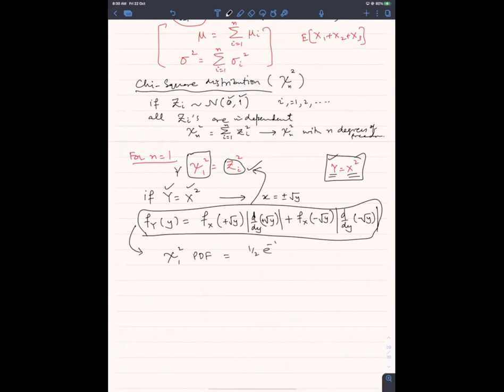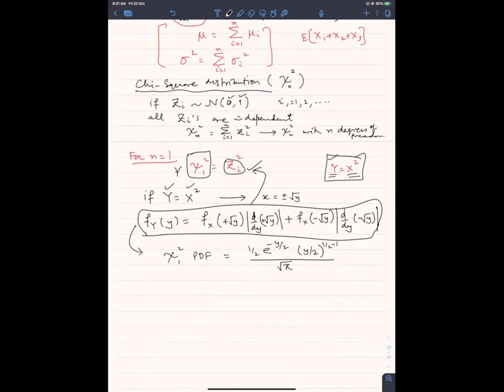1/2, putting in the values. We know the PDF of the normal distribution is 1/√2π e to the minus x square over 2. From that, after a little bit of manipulation, this will turn out to be y/2 to the power 1/2 minus 1, divided by square root of pi.